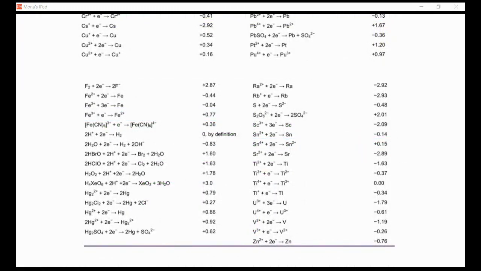We need Tl and Tl+. Of course it is Tl, not Ti. Tl+. See here, this is what we have. So this is Tl and Tl+, the first one. The second one is Hg2+ and Hg. So this is what we have, and we will write it in now.